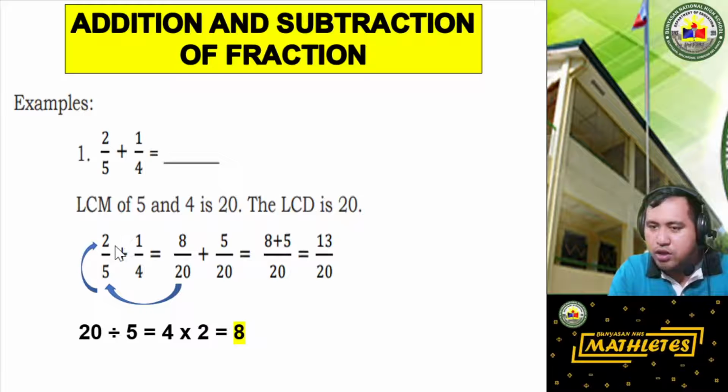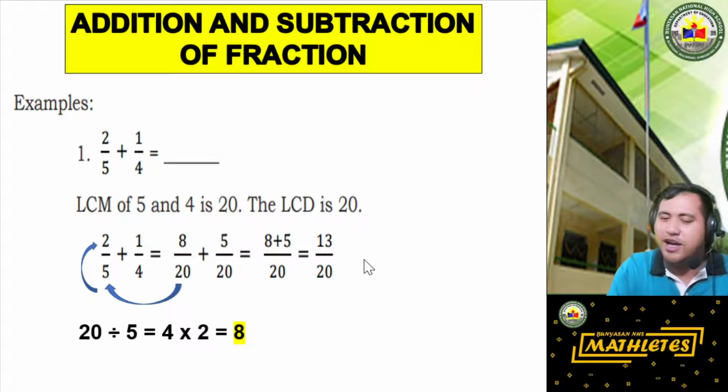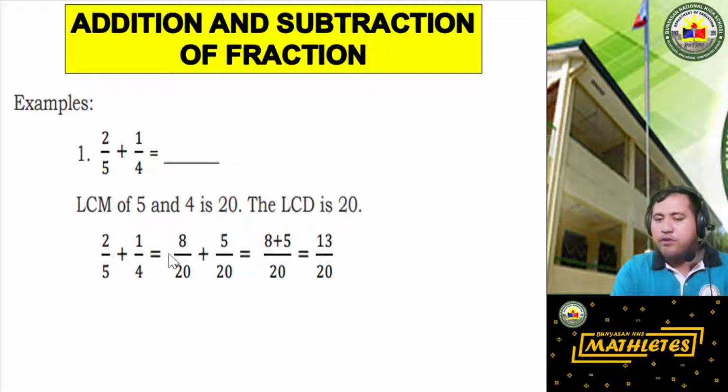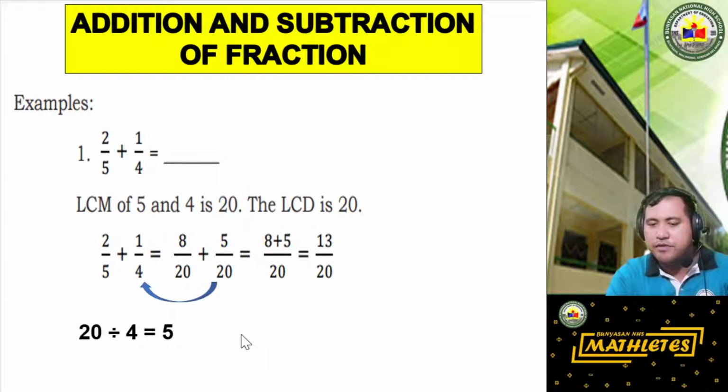So, 4 times 2 is 8. So, nagiging 8 yung numerator. Kuha. Then, yun nga, ilagay natin, bagong mukha, 8 over 20. Then, isa, 1/4. Yung 1/4, paano naging 5 over 20? Ito, 20 divided by 4 is 5 times 1 is 5.